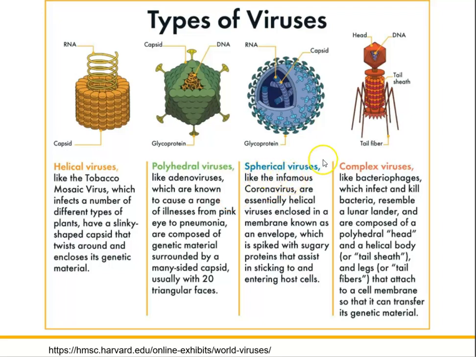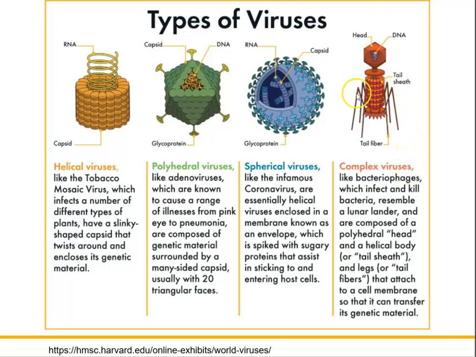Spherical viruses, don't worry too much about this. All this is trying to show you is that a virus can have an envelope, and when it does, it tends to look spherical. And then here, I want you to know about complex viruses like bacteriophages.